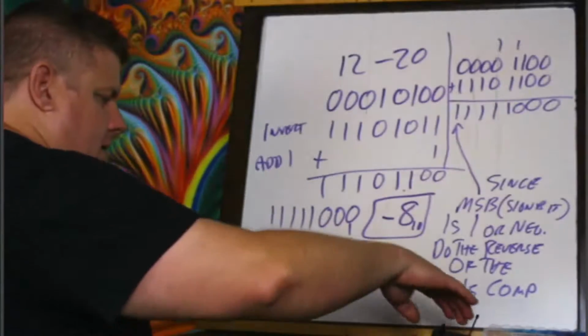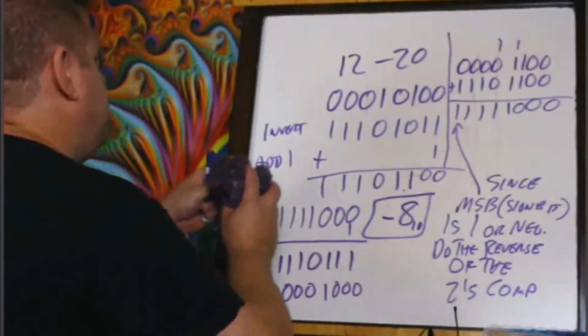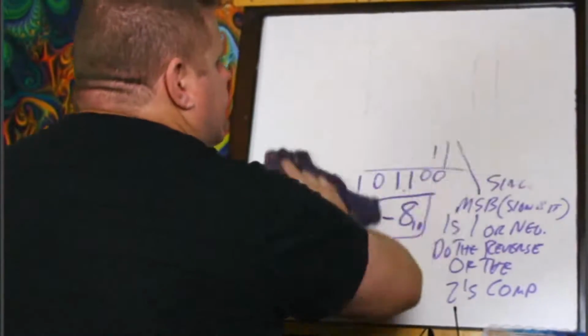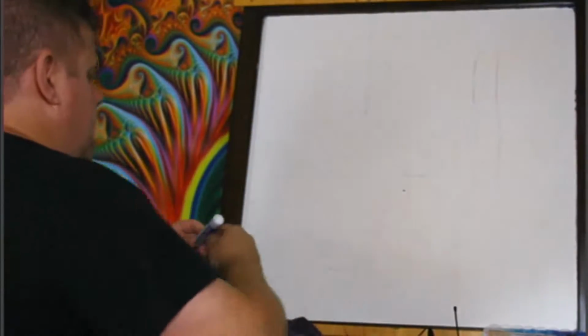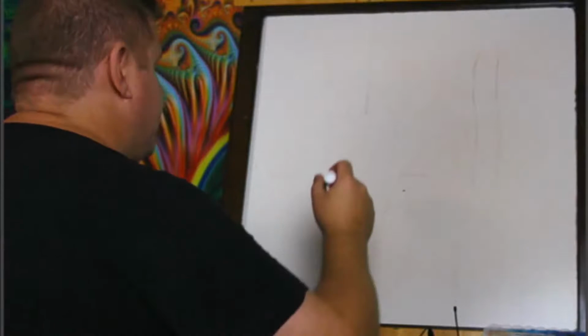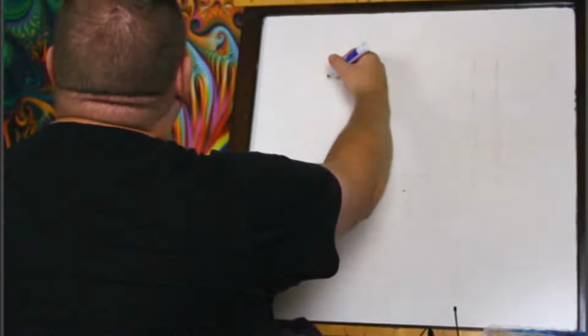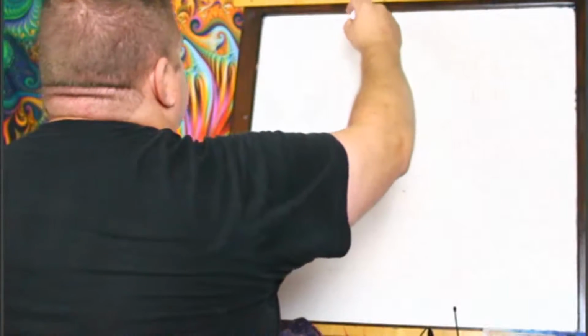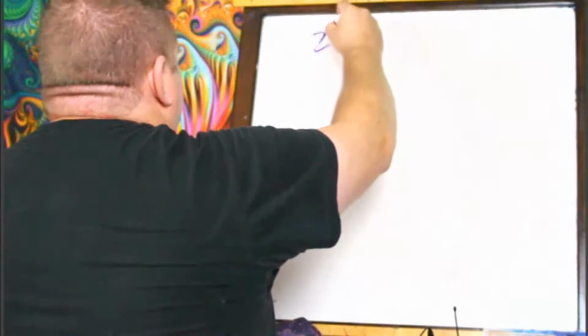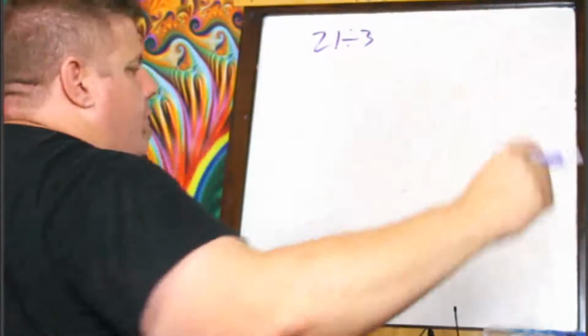All right. I want to do a few more of these, and I want to do some basic arithmetic too. Let's do one that'll work out nicely. How about 21 divided by 3?